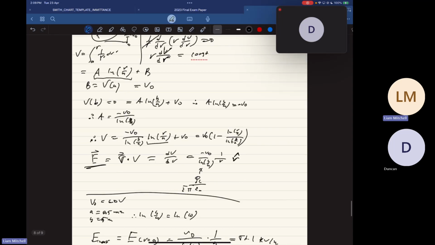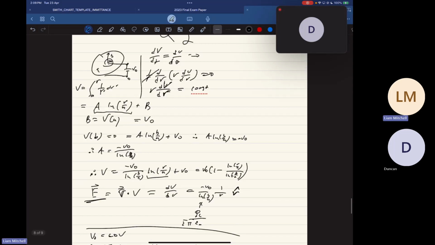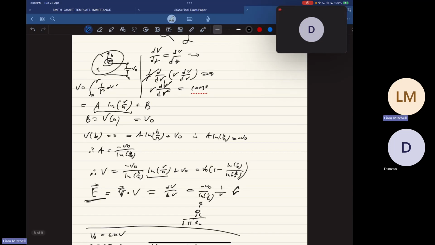And I think I wrote previously: you basically integrate your voltage from the center to the end, and if you do a on b, you just get a minus here. You can see I have a minus here.